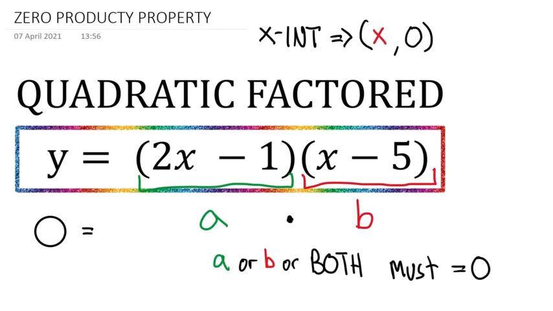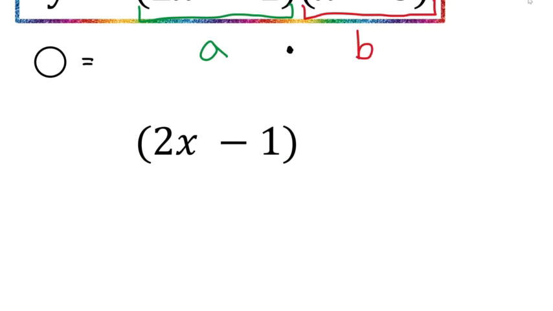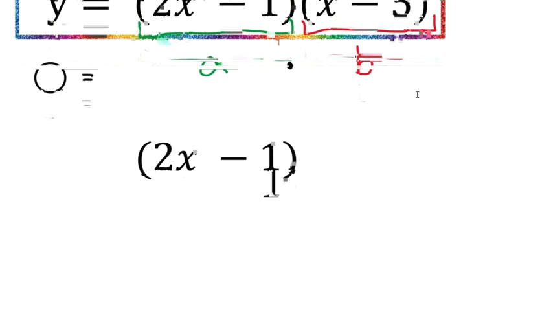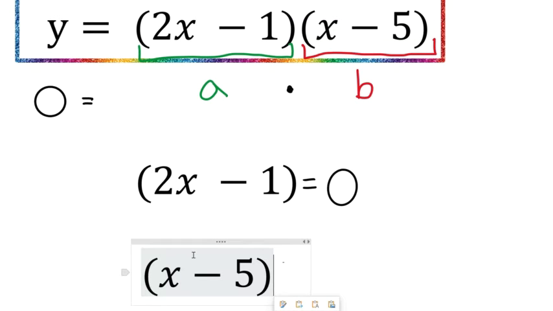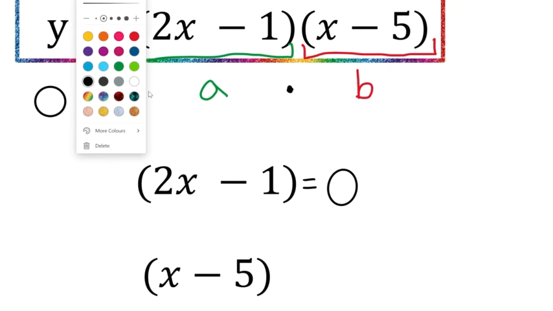So to solve it, we're going to do the following steps. If the binomial product of A, which is 2x minus 1, is therefore equal to 0, then clearly our second binomial product of x minus 5 must also be equal to 0 by that standard.